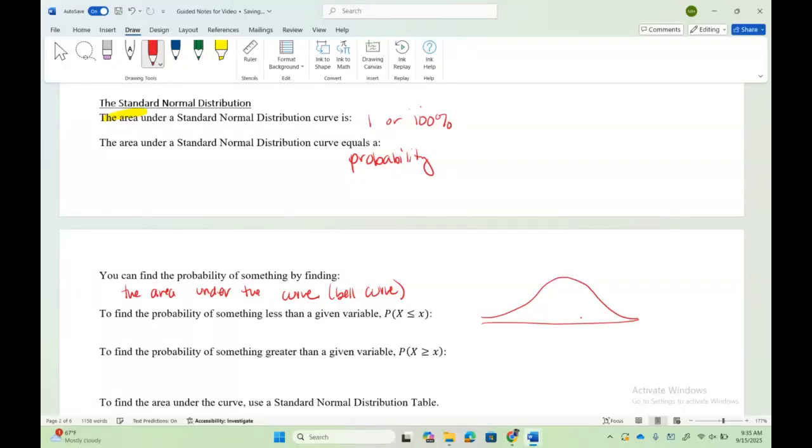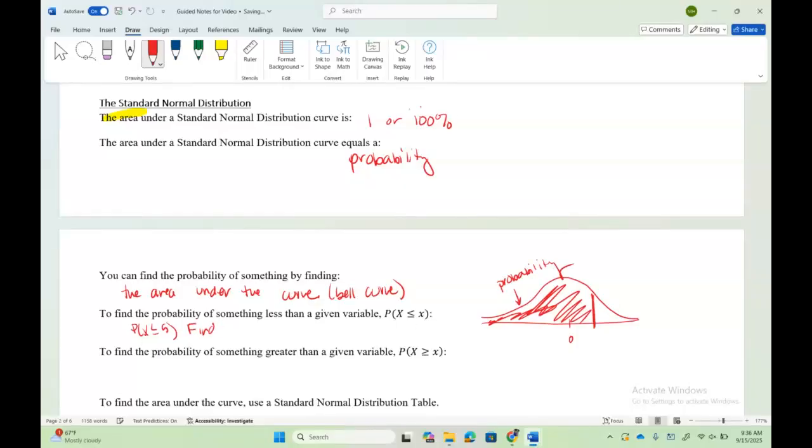So if I want to find the probability of an x value being less than or equal to something, I would find the area to the left of that curve, and whatever that area is, that's my probability.